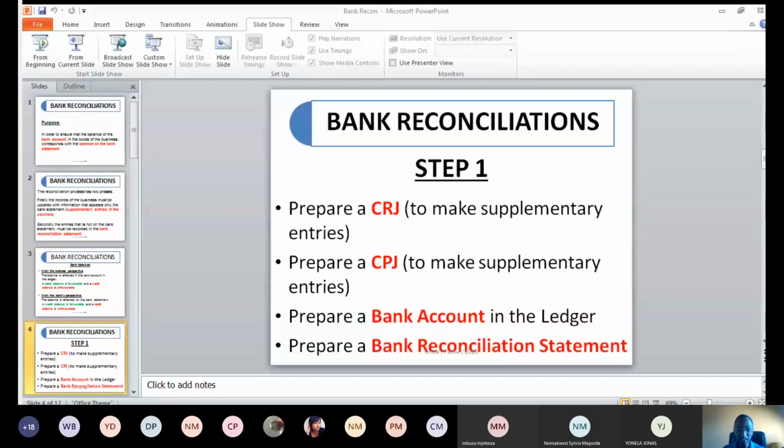If you come across any amounts in the cash receipts journal that are not on the bank statement, so we've got the amount in the cash receipts journal, but it is not yet reflected on the bank statement, you enter those amounts into your bank reconciliation statement. In your bank reconciliation statement, under your details, you will write credit outstanding deposit, and you will record the amount on the credit side of your bank reconciliation statement.